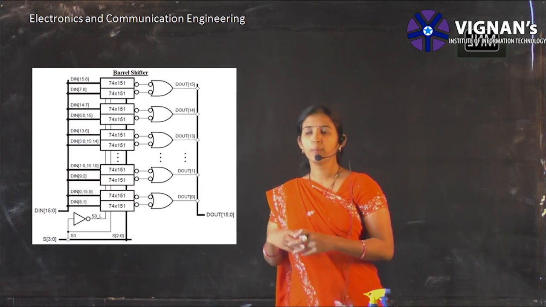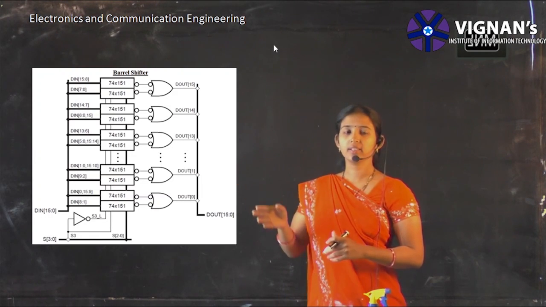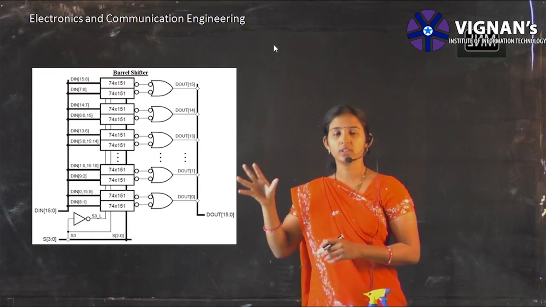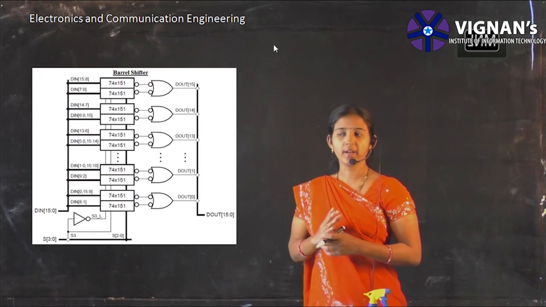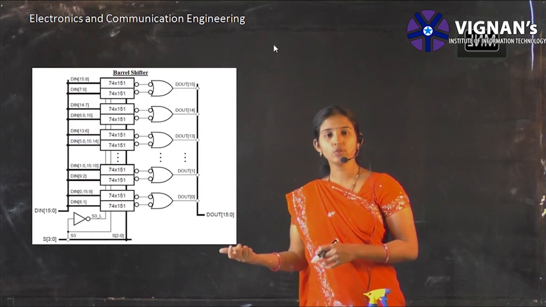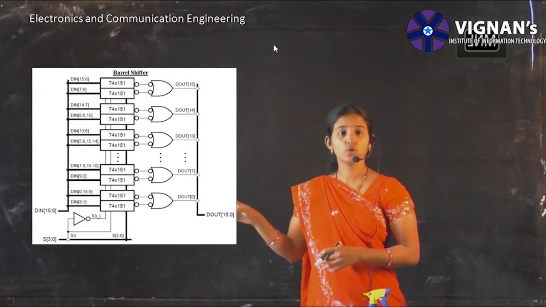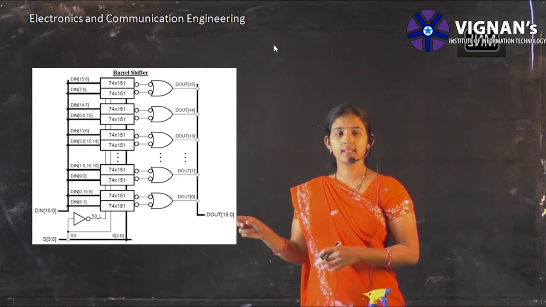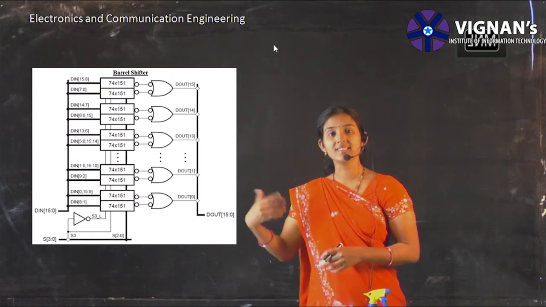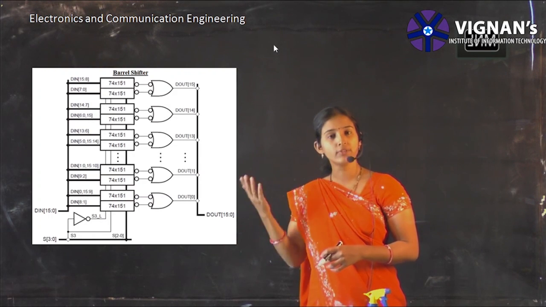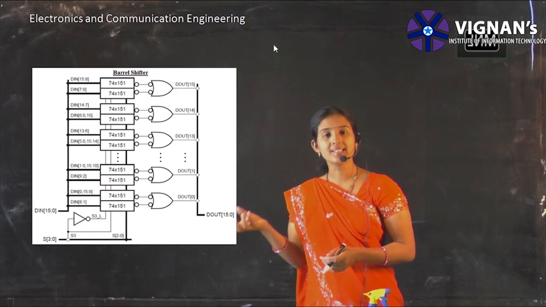So you can see number of multiplexers here. These multiplexers are connected with the help of bits, whatever the data inputs, and that will be provided to your data output. And here down you can see selection lines, S0, S1 and S2. It indicates the 3 selection lines. Based on that selection lines, how much shift has to be done.